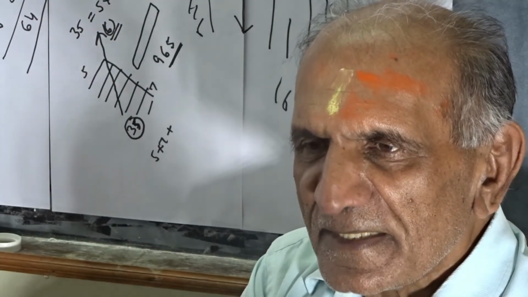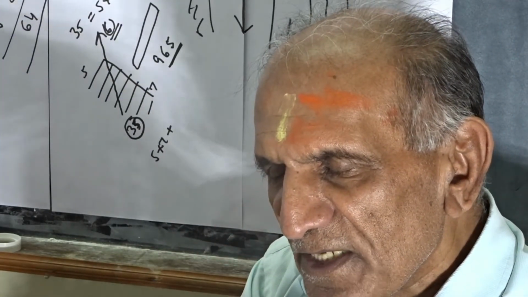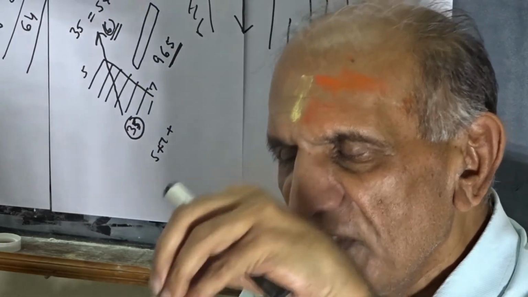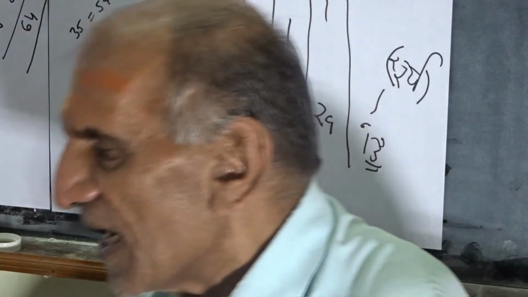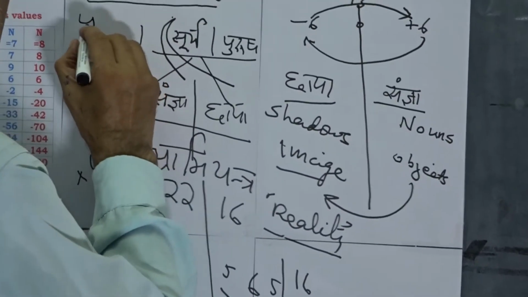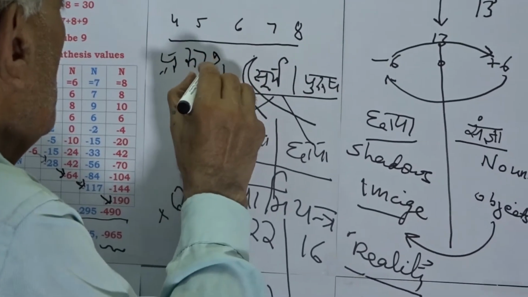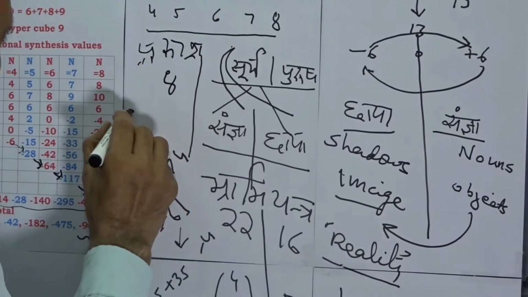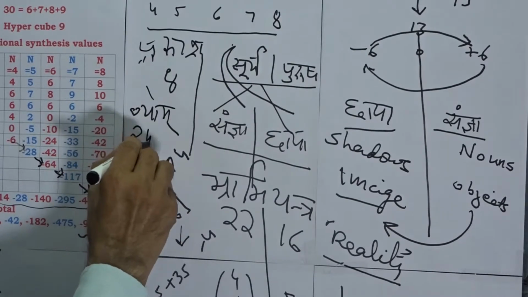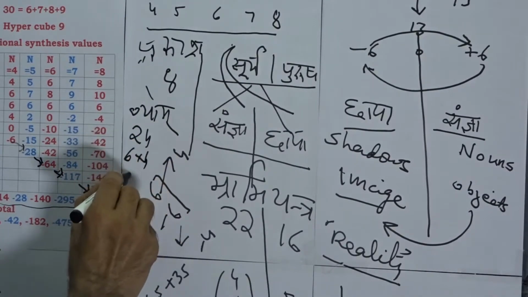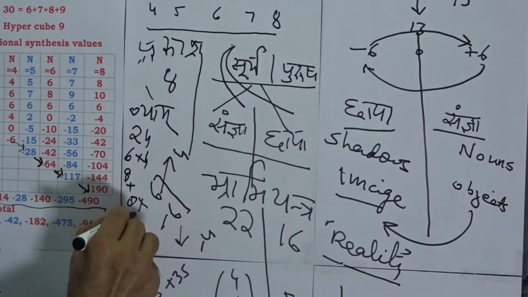The space within a space, Avakash within an Akash, becomes Vyom. This Akash as Vyom: Akash is of TC value 8. Vyom is of TC value 24. It is 6 into 4. It is 8 plus 8 plus 8.